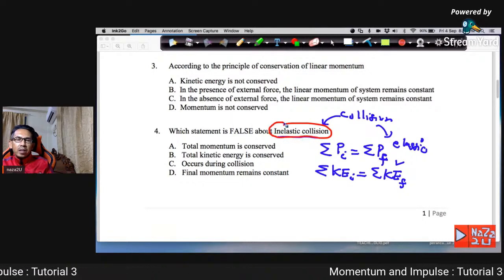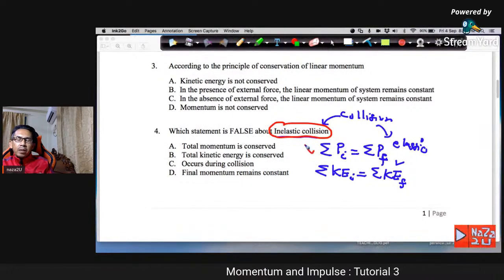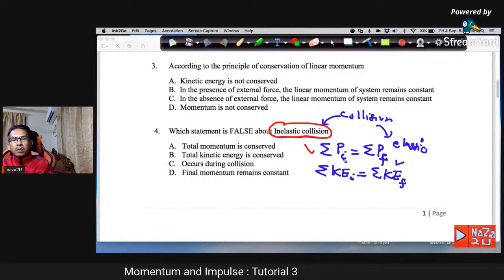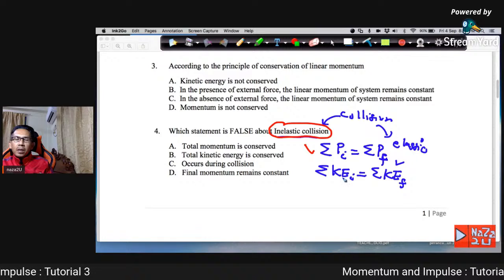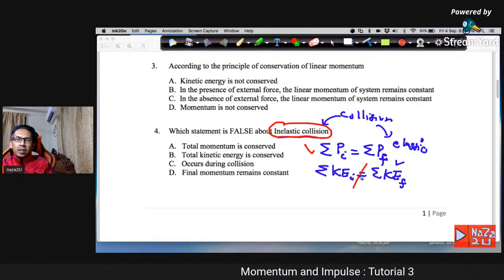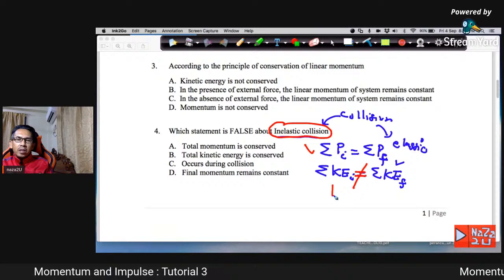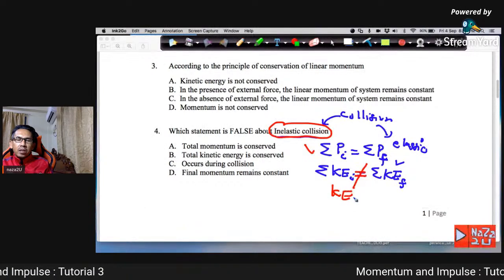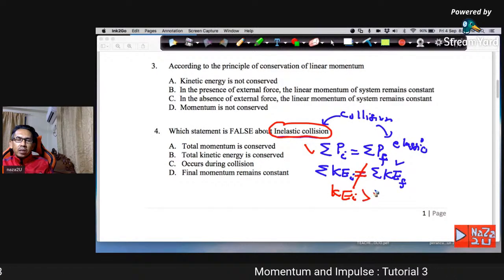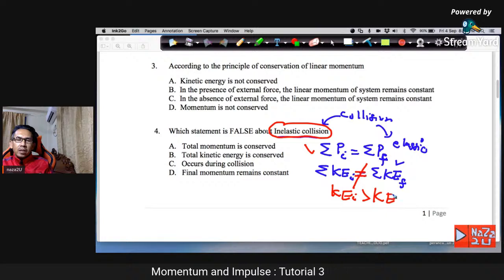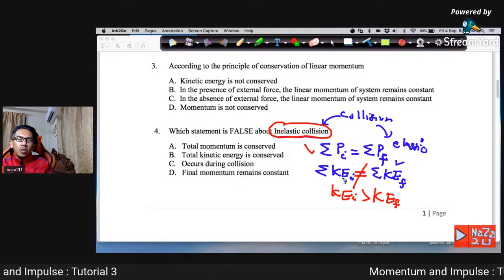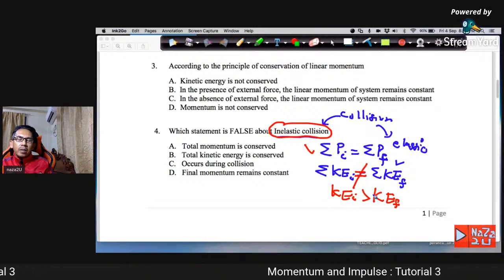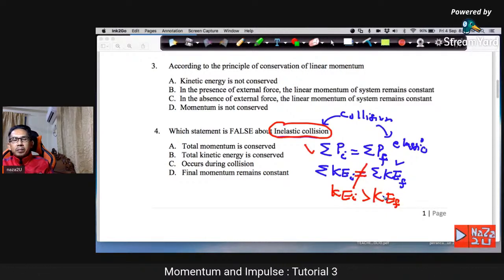pelanggaran tidak kenyal, momentum conserve, meaning jumlah momentum sebelum sama dengan jumlah momentum selepas. Tapi kalau kinetic energy, dia tidak conserve. Maksudnya kat sini kinetic energy initial is greater than kinetic energy after. Okay, maksudnya kat sini tenaga kinetik sebelum pelanggaran lebih besar daripada selepas pelanggaran.